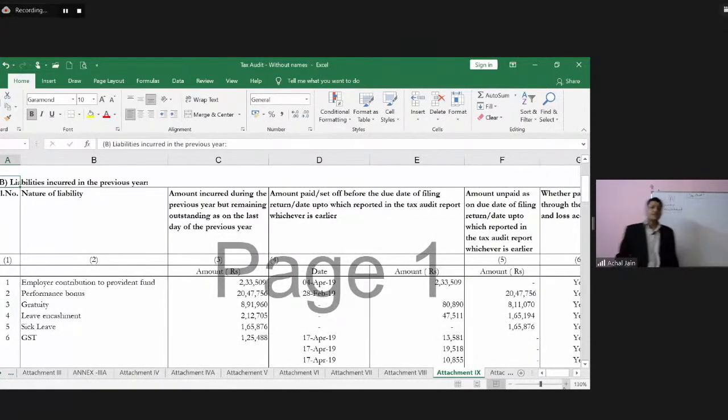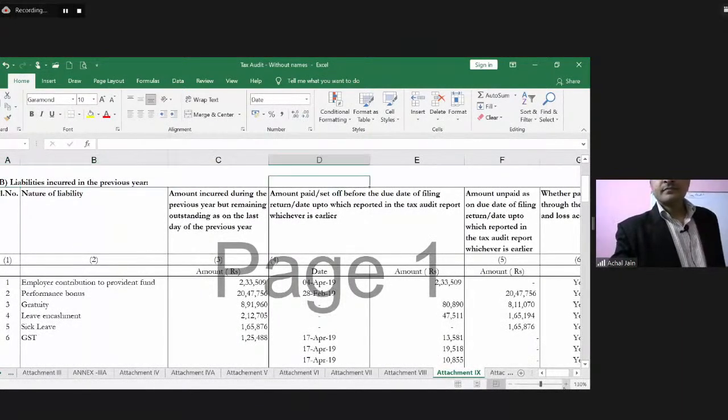Okay. And once again for B, I will take an example of leave encashment. Then let's see what are the requirements over here. It says amount which is incurred during the previous year, amount which is paid with the date.